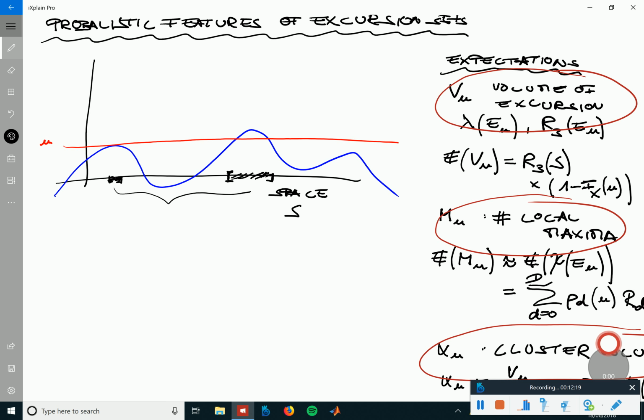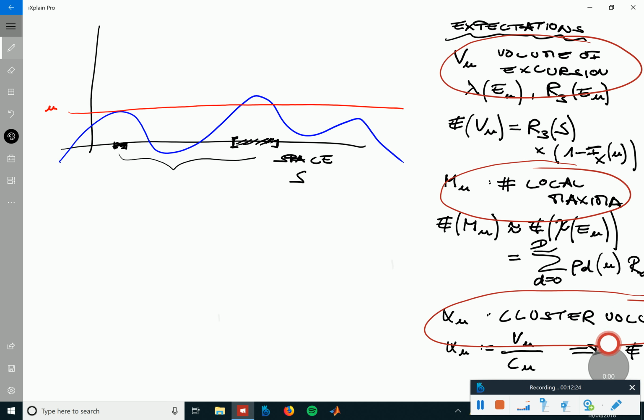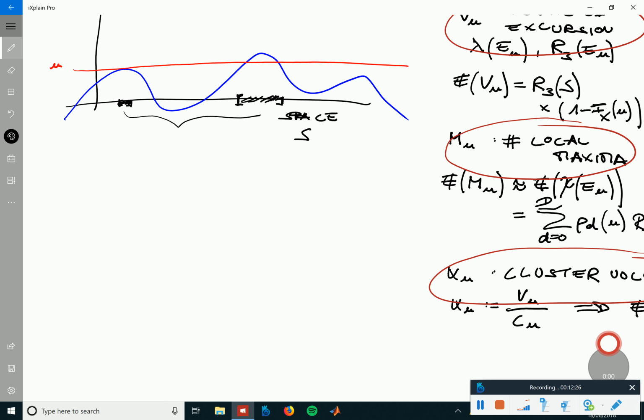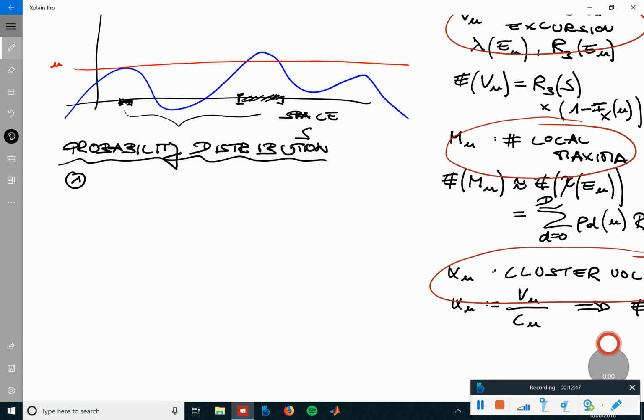So we need probability distributions to make these claims, as I discussed at length previously, for example for the T distribution. And the ones that we need and want to discuss today are the following. First, the distribution of the global maximum.